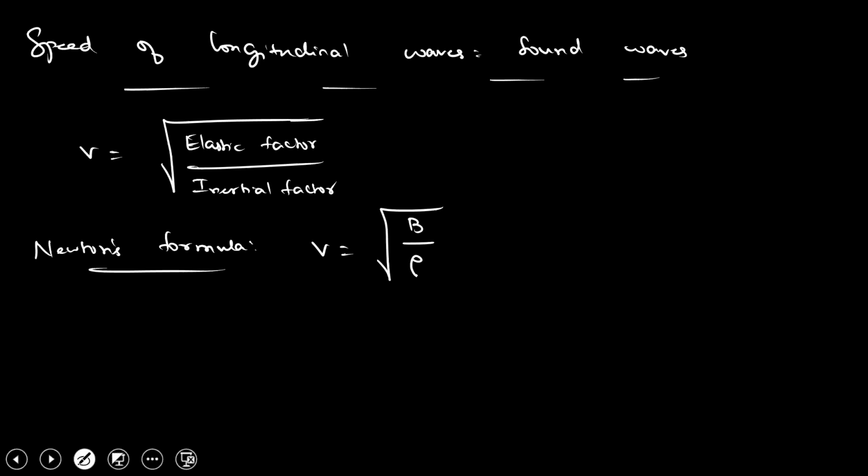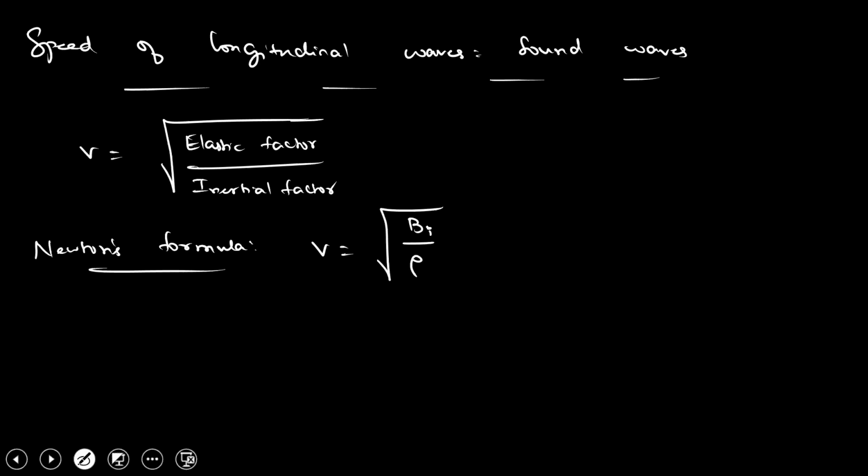When Newton tried to derive this expression, he assumed that sound travels in an air medium under isothermal conditions. So it is written as bulk modulus with the subscript I. What does the I stand for? Isothermal condition. So square root of bulk modulus under isothermal divided by the density.